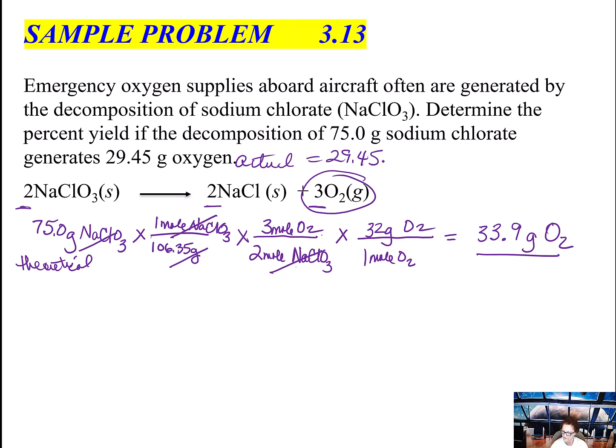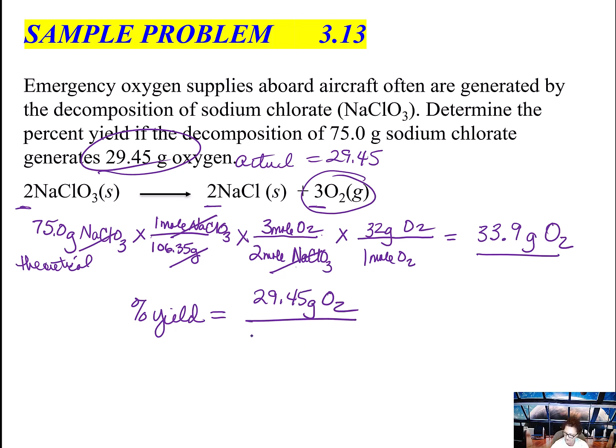So in order to figure out what the percent yield is, that's going to equal what we got, the actual 29.45 grams of O2, divided by the theoretical yield, which was 33.9 grams of O2, times 100. And so our yield was 86.9%.